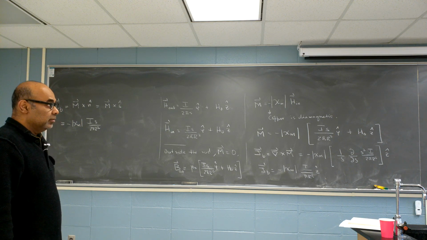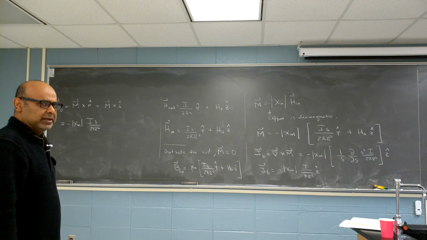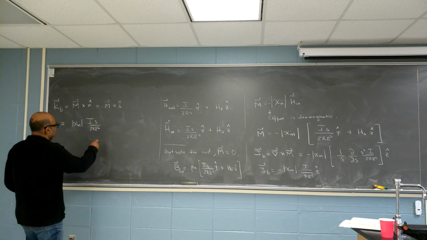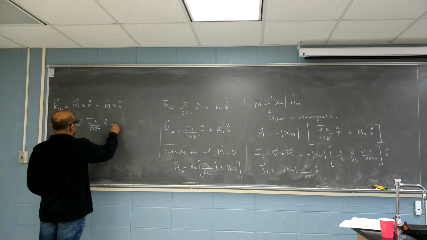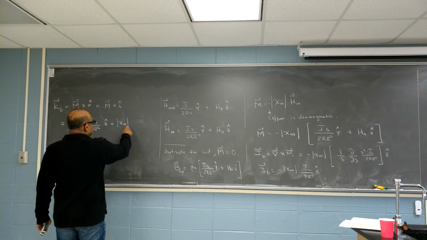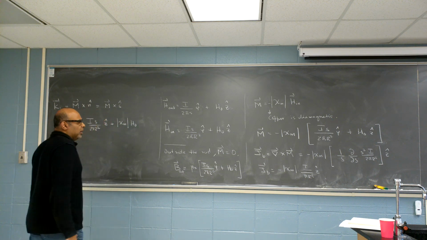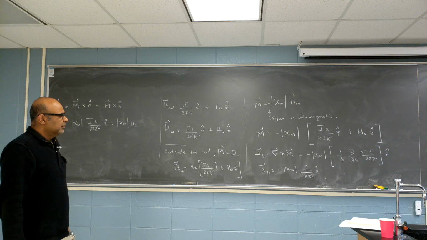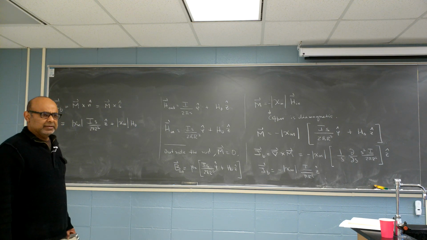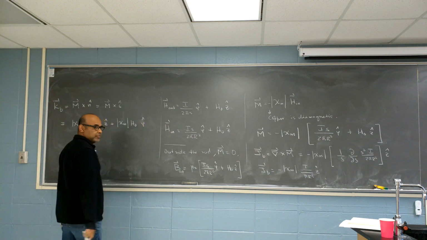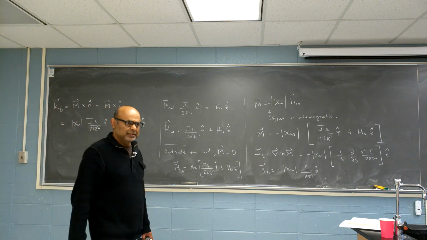Phi hat cross s hat is negative z hat. Plus chi M H0. What is z hat cross s hat? Yeah? Okay.